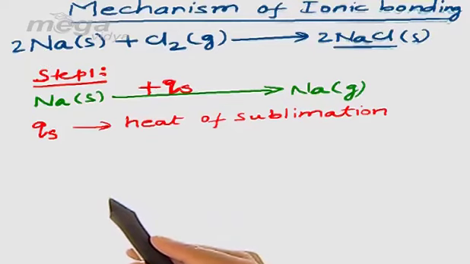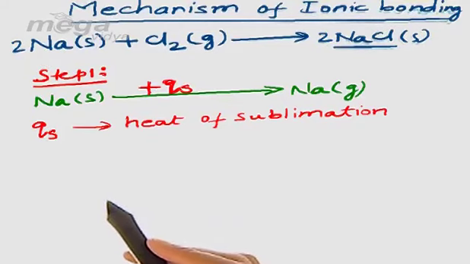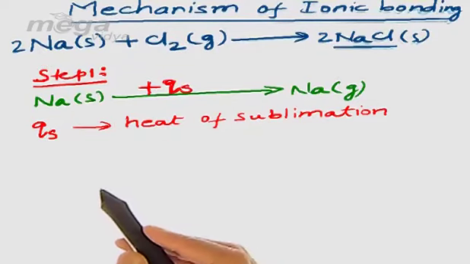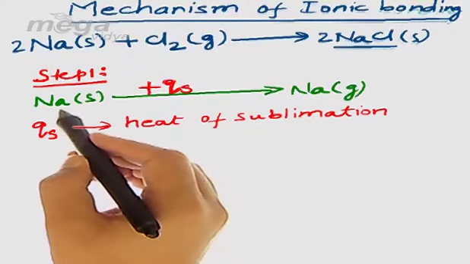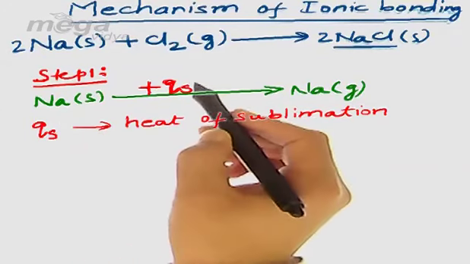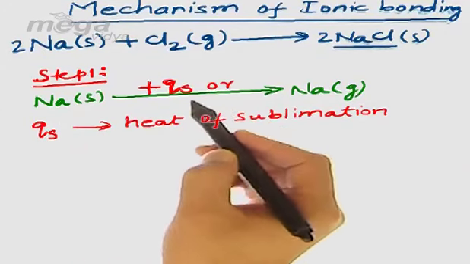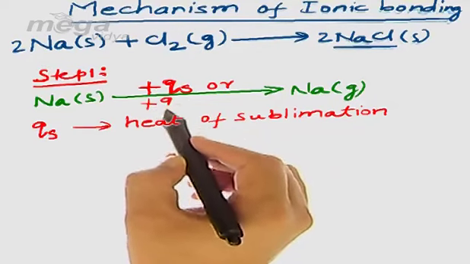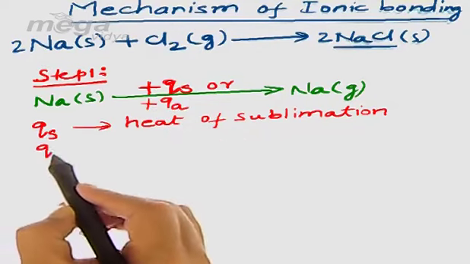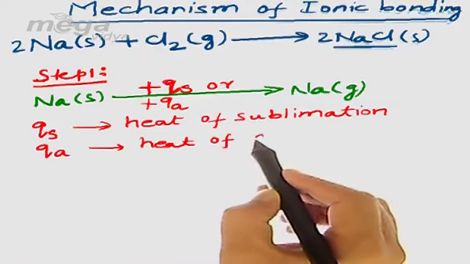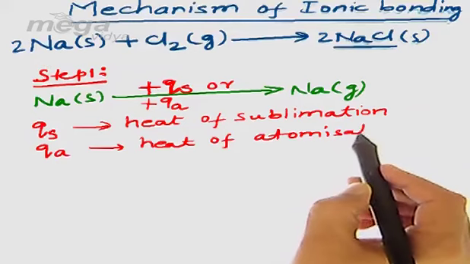But dear student, in chemistry, wherever we observe the state change or the phase change of an atom, like here also solid sodium is getting converted into gaseous sodium, so we are changing the phase of an atom. So we can call the same process atomization, and the heat involved for this process will be called QA. Here also QA is the heat of atomization. Both are the same for this change.